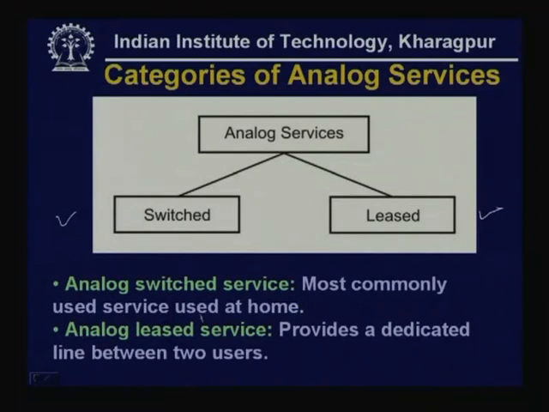We get a telephone connection from the telephone exchange, that is your local office, using local loop, which is nothing but a twisted pair of wire, and we get the telephone service at our home, and that is the analog switch service, the most commonly used service. And analog lease service is one that provides a dedicated line between two users. Let us see the difference between the two.